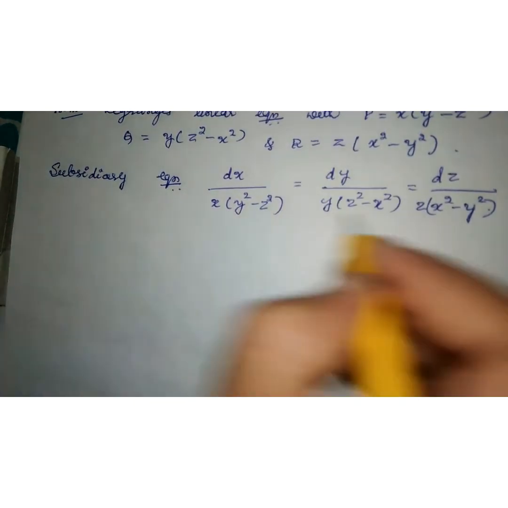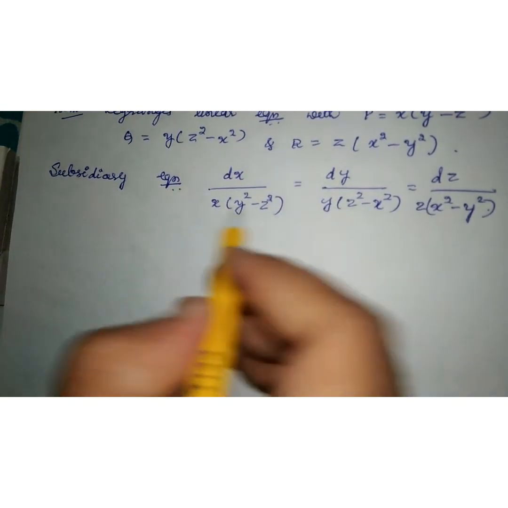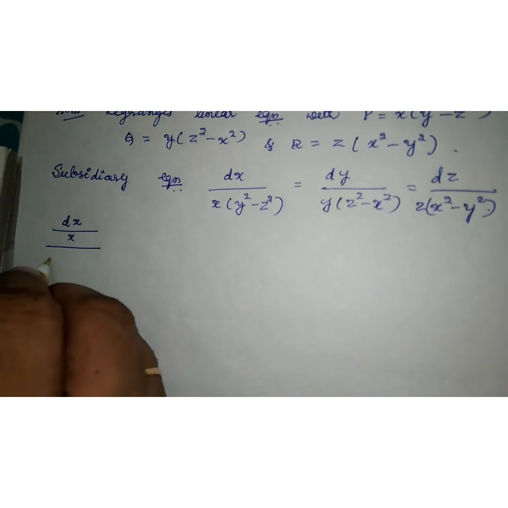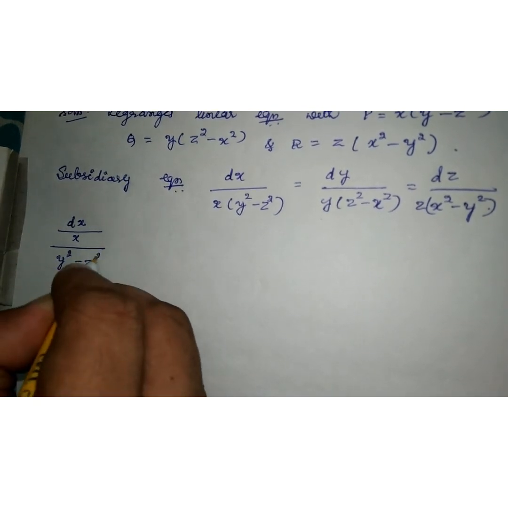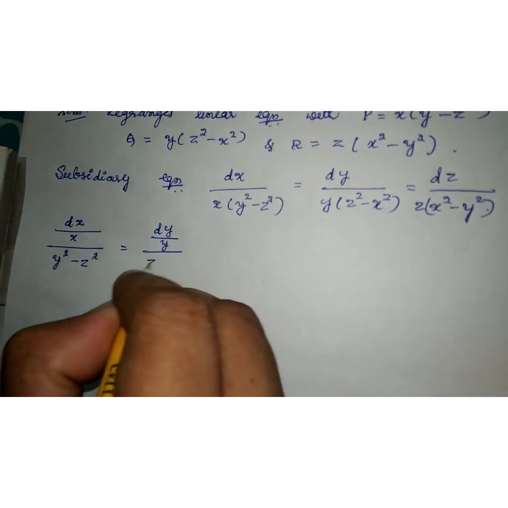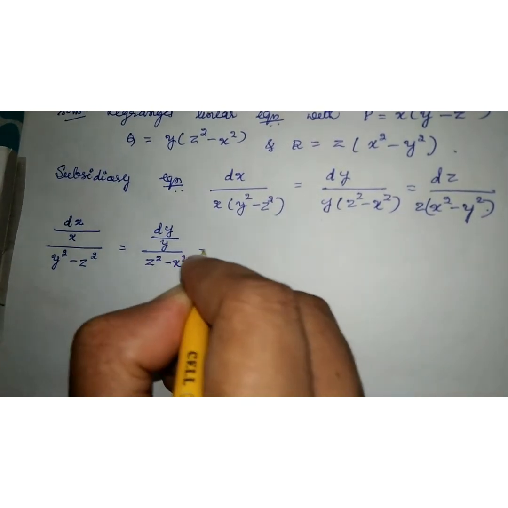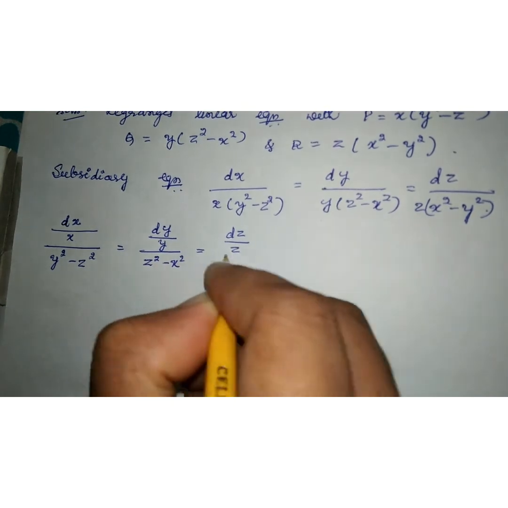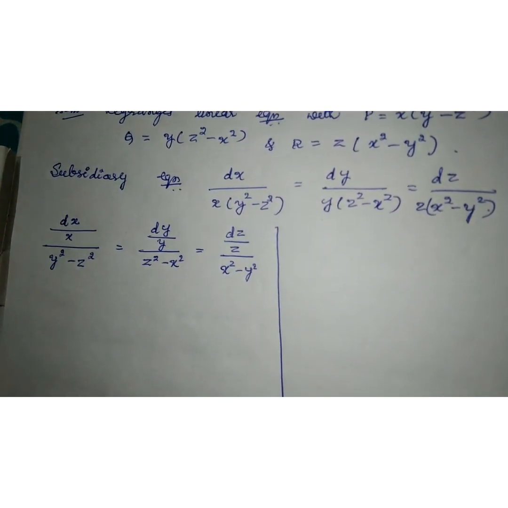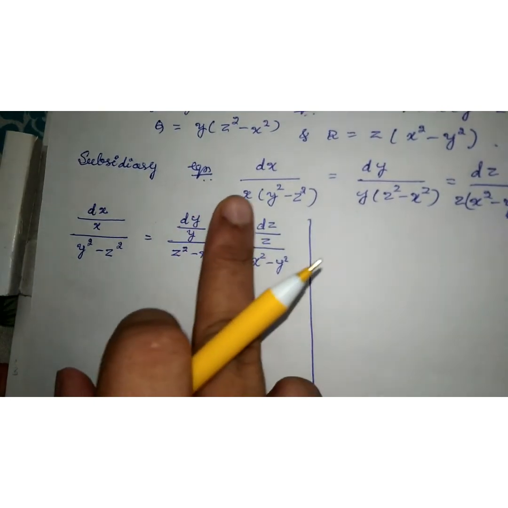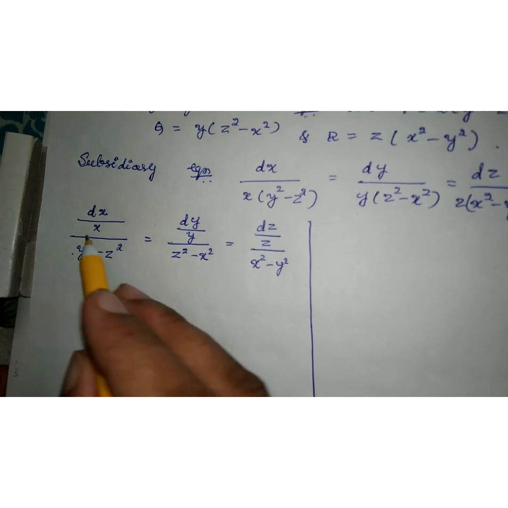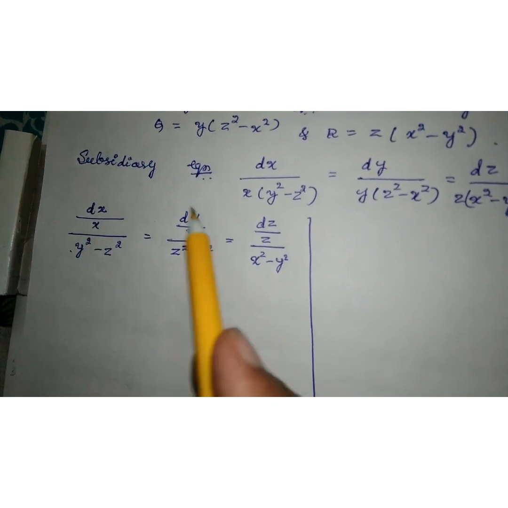So just by this observation, we can get two solutions easily. The first thing is, I'll write the subsidiary equation as dx by x divided by y square minus z square equal to dy by y divided by z square minus x square, equal to dz by z divided by x square minus y square. So now we can do this. Here x into y square minus z square is written like this, and I have used the same trick for each term.